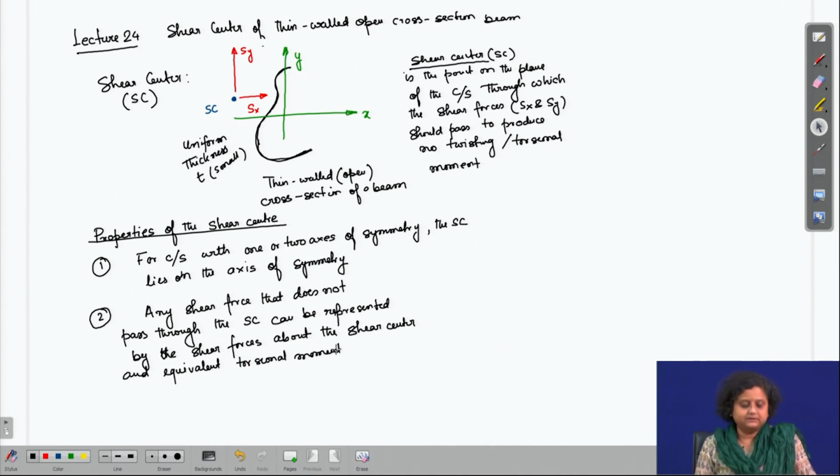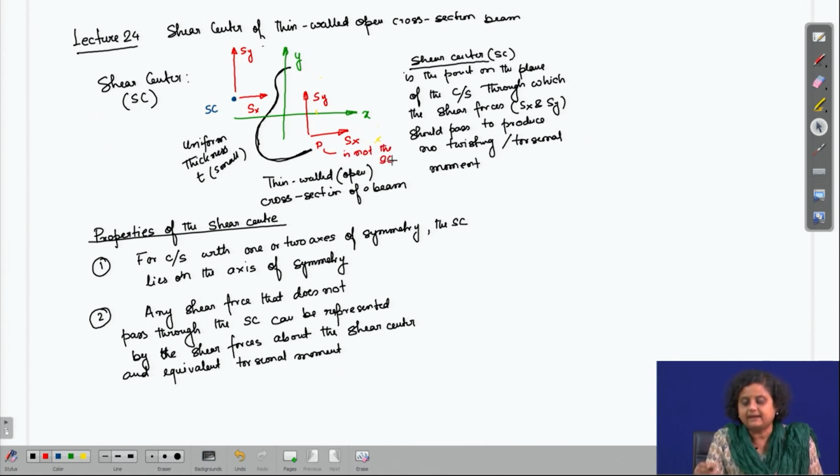So, let me now discuss this. Suppose I have a set of shear forces which are not passing through the shear center, but passing through another point. So, I have Sx and Sy, passing through a point P, where P is not the shear center.